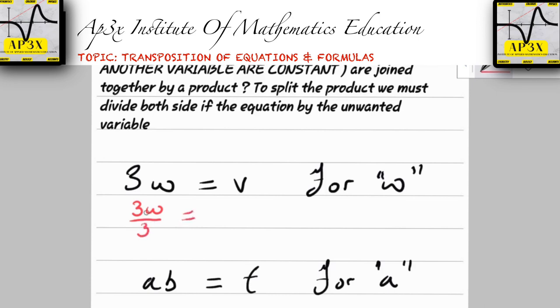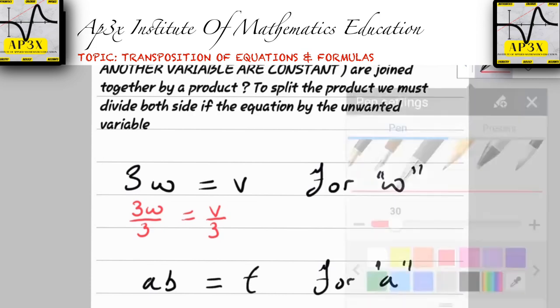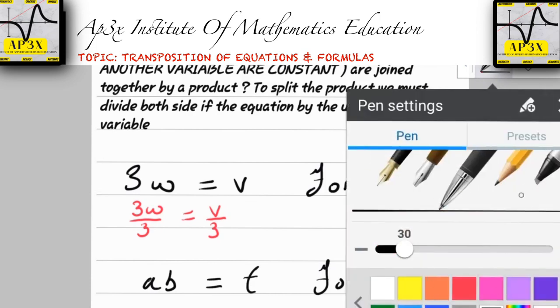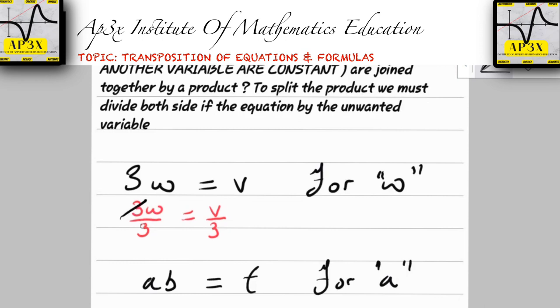It's an equation, so it has to be kept balanced by doing the same operation on this side. The 3 cancels the 3, so w is now all by itself, and w is equal to v divided by 3. And that is your final result.